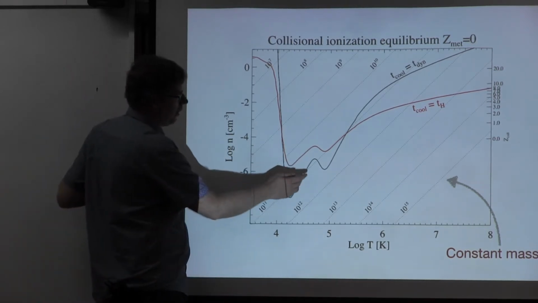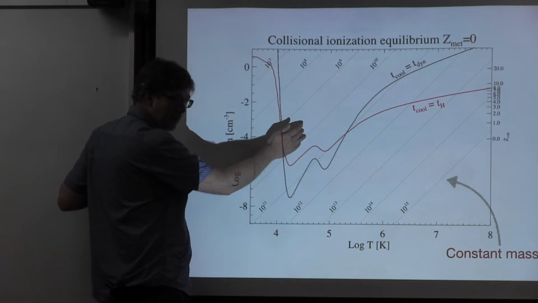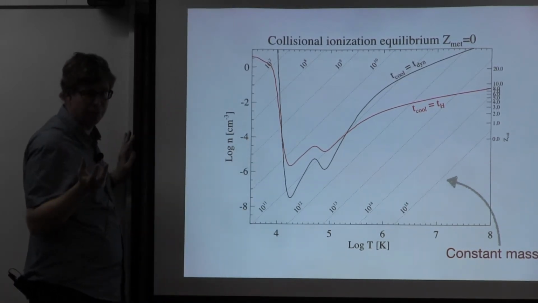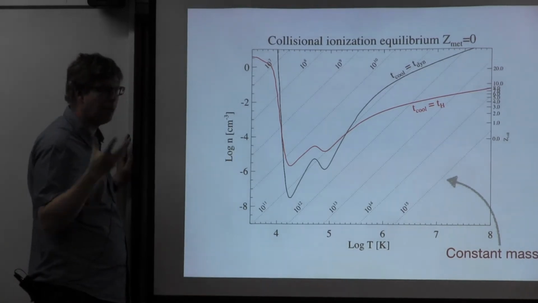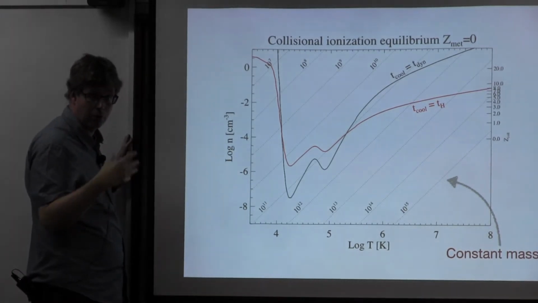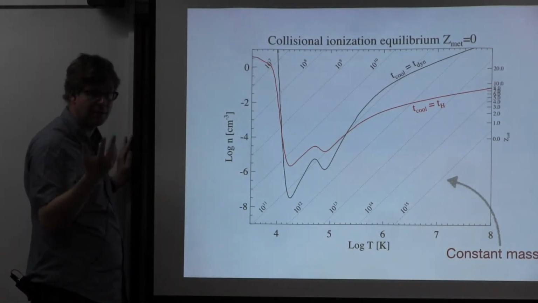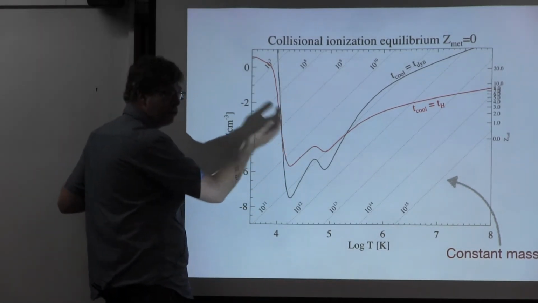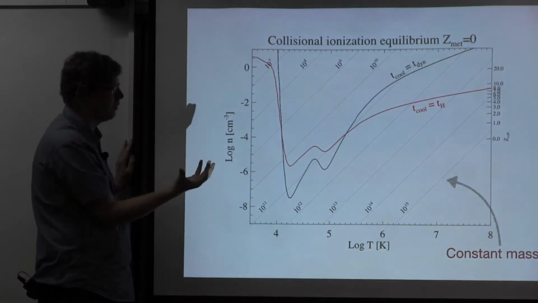And so when you are above this black line, the density is high enough. The more dense the gas is, the more efficiently it can cool. All the cooling functions depend on density squared. So the higher up you are here, you can cool really efficiently and things can form.